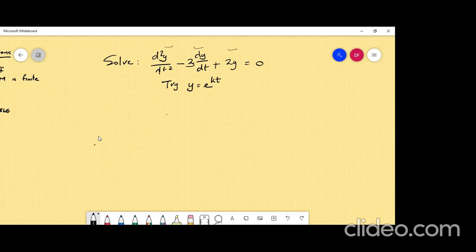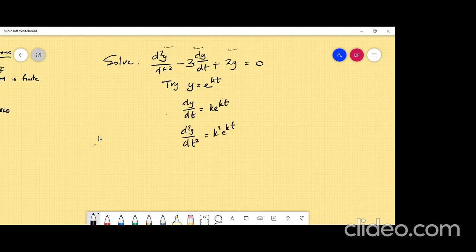So let me differentiate this. When I differentiate e to the kt, what do I get? K e to the kt. Now, when I differentiate it again, what do I get? K squared e to the kt.